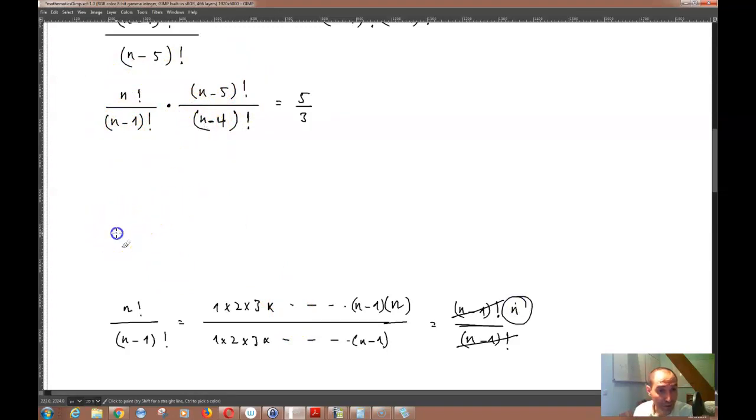This part over here, n minus 5 factorial divided by n minus 4 factorial, I can write it as... the first part is just an n. Basically, it's always tricky to know which term comes before.